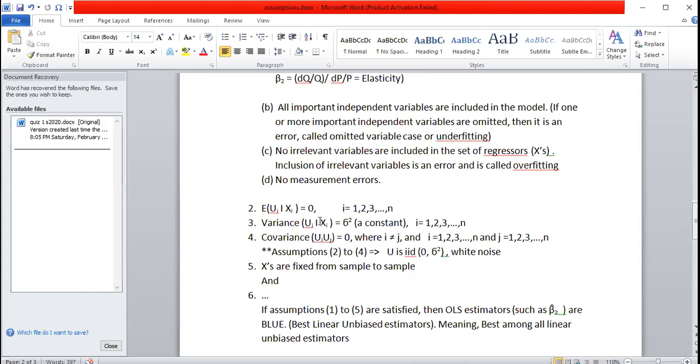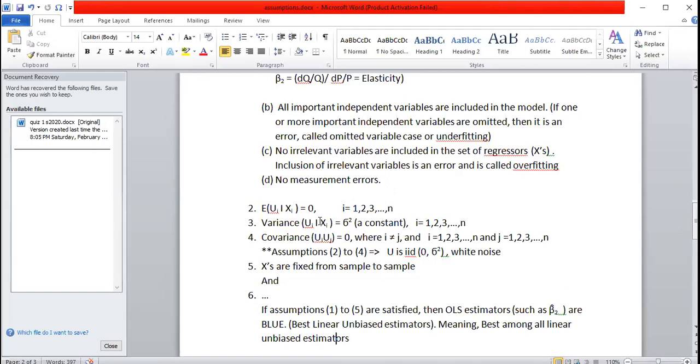And each distribution has a mean, which is 0. Each distribution has a variance, which is a constant number. It's the same for each of the U distributions. So these U distributions are basically identical. They look exactly the same to each other. However, they are not related.